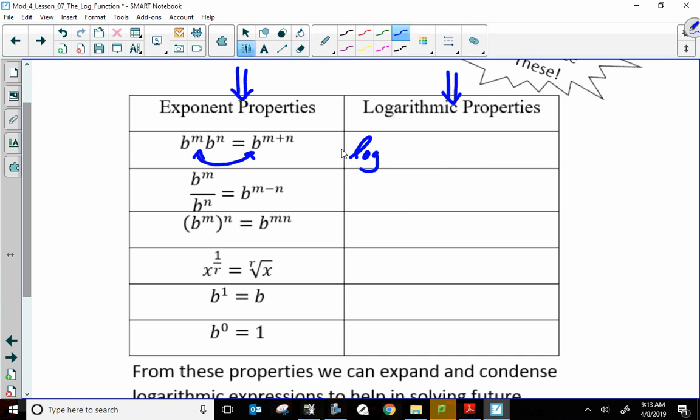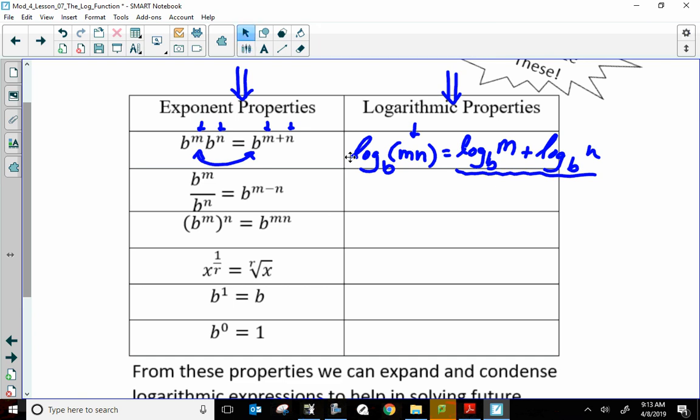So log base b of m times n. Doesn't multiplication turn into addition? Well, guess what? That's like saying the log base b of m plus the log base b of n. So if I see this where I'm adding two things, I can put them together in one log and multiply them.